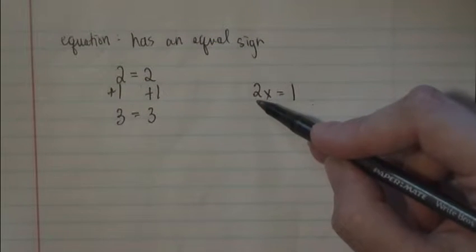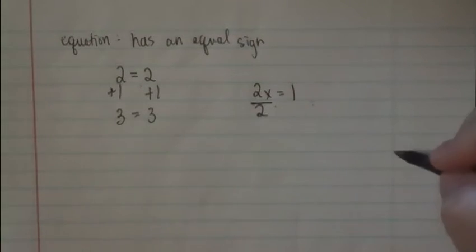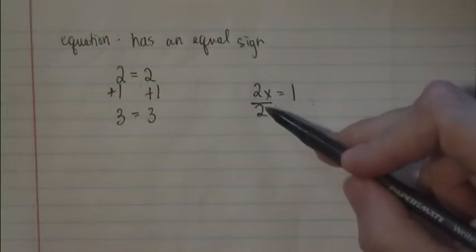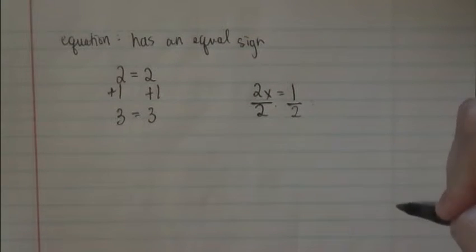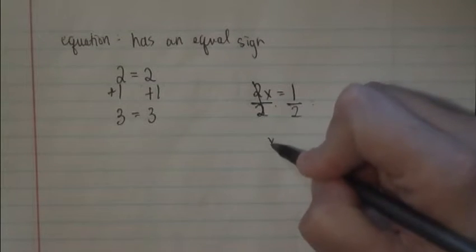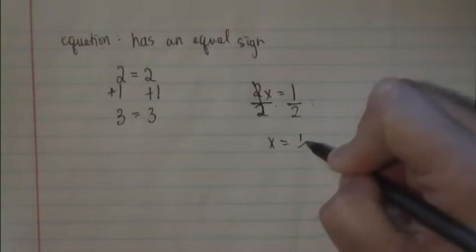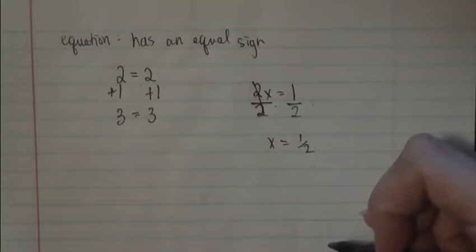And so the opposite of multiplying is dividing. So if I divide 2x by 2, that's going to cancel the 2 on this side, but if I do it on this side, I have to do it on the right side. So then we get the 2's cancel out, and you're left with x on the left and 1/2 on the right, and that says x equals 1/2, and that's our solution.